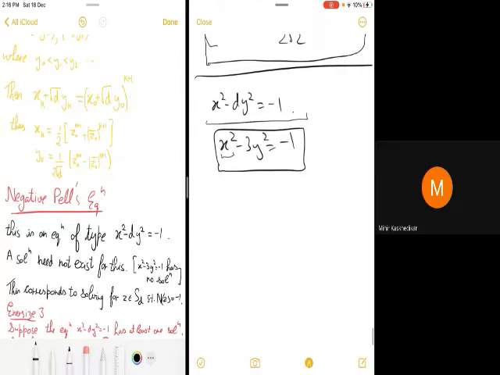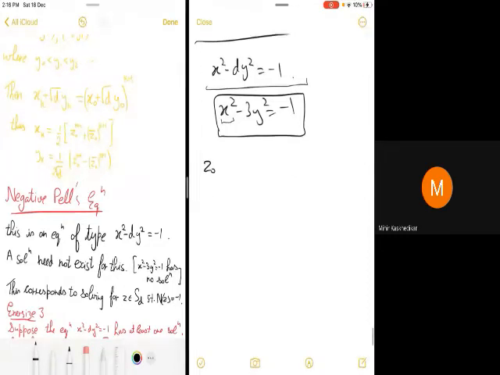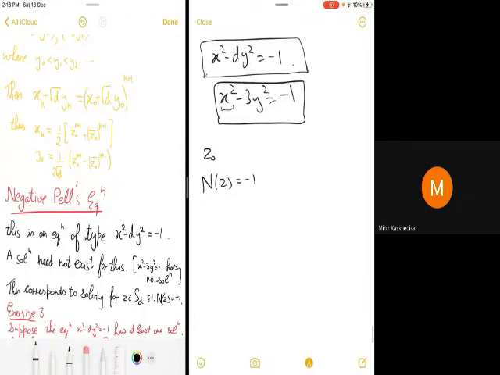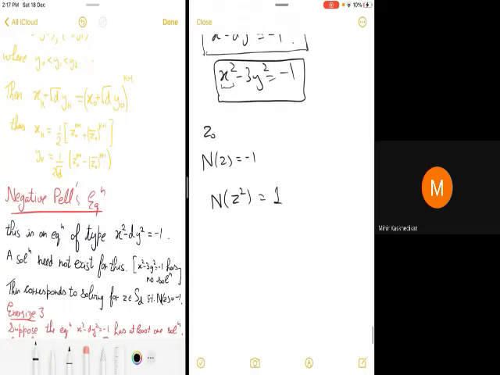But if it does, then this also has a sort of fundamental solution z naught. This corresponds to the norm of z being minus 1, a solution to the negative Pell's equation. And here we would have that the norm of z power 2 would be 1, which is not a solution to the negative Pell's equation, but it is a solution to our original Pell's equation.